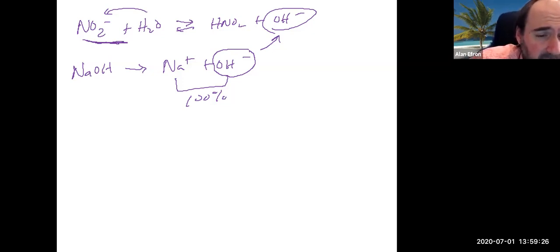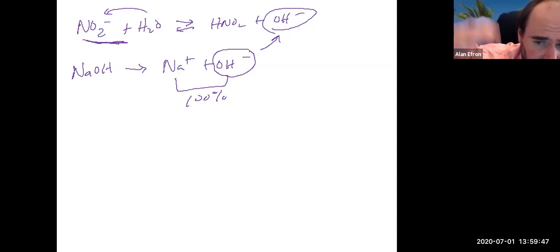Again, the NO2 minus has to do a reaction. It's a weak reversible type reaction, which means in comparison, it is going to be producing some, but it's probably not the major source of hydroxide, because that's going to come from the sodium hydroxide, which you were just dropping in.